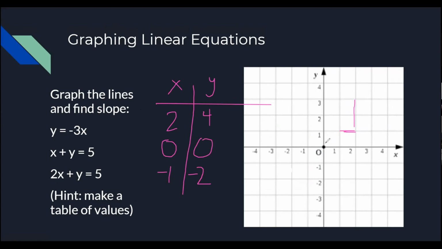For example, let's use this graph. So the slope is how much the y value changes over the distance that x changes, okay? And that should make sense to you because when you think of bigger slope, you think of steeper slope.